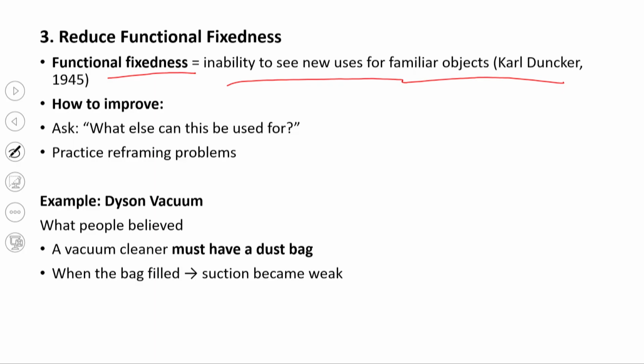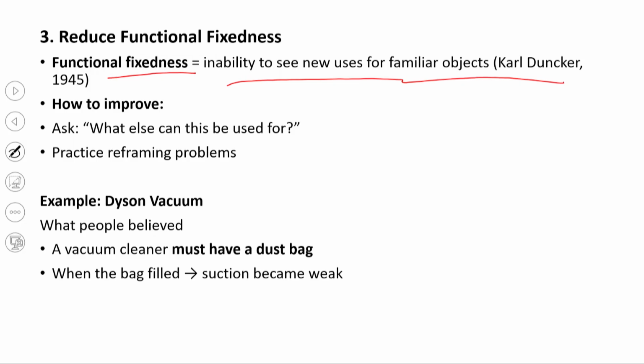When you know certain objects in a certain context, you know what this object is used for. So, you are fixated on that. Whenever you see this object, you only think, okay, this object is used for these things. That is called functional fixedness. People become fixed on that. They are not able to see beyond that. So, that is one of the problems or obstacles for creativity.